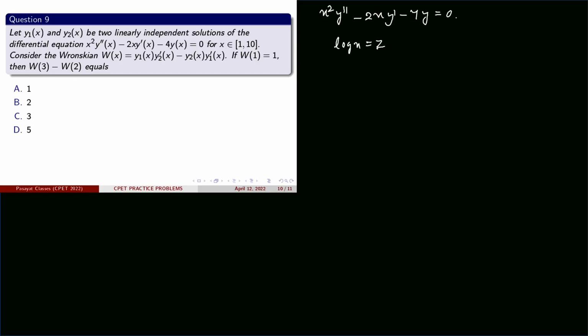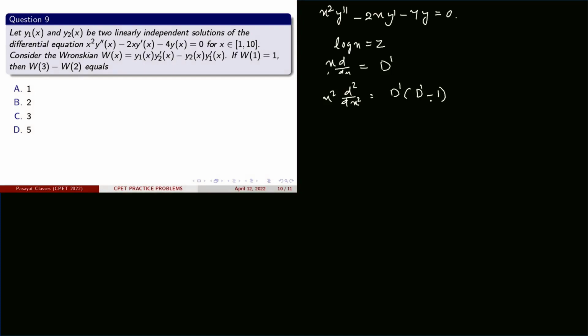On substituting, the differential equation is of the form, we can write x into d by dx as D dash, and x square d by dx square is equal to D dash whole into D dash minus 1.